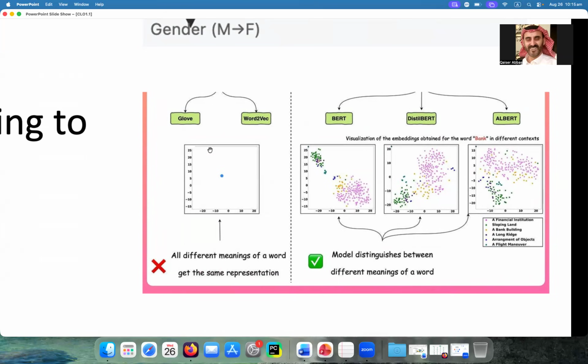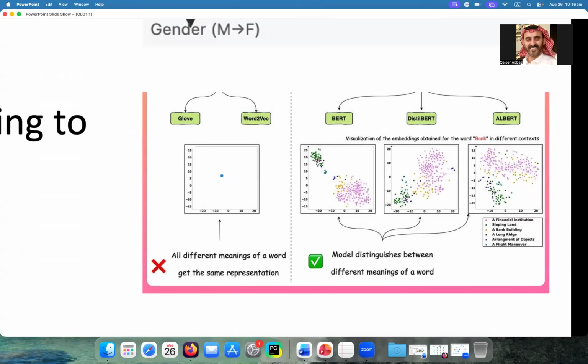Now, when you were using GloVe and Word2Vec, this is one word, and in the corpus it is giving different meanings in different positions. But this example is giving you the idea that it will get the same vector for that word, even though it has different meanings at different positions in the corpus. It will get the same vector for GloVe and Word2Vec.